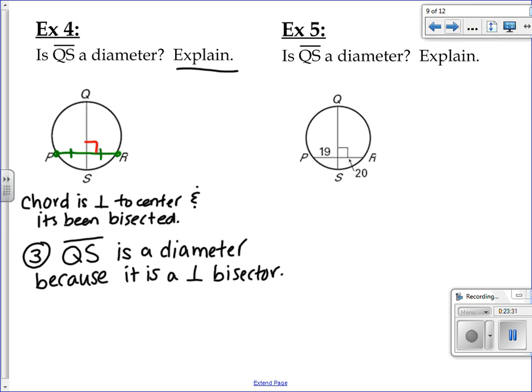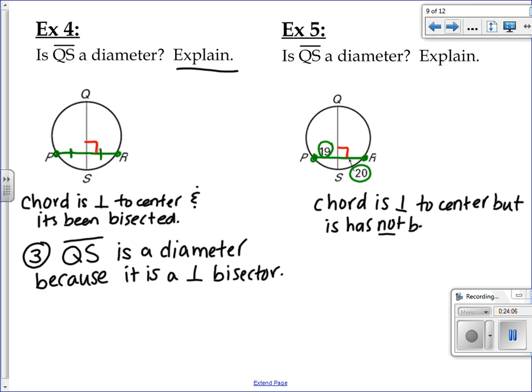Okay, so example 5 is kind of the same idea. Is QS a diameter? And again, we're going to explain. So let's analyze what we have here. I have a chord. It is perpendicular to the center. But you'll notice one half of the chord is 19, one half of the chord is 20. So my chord is perpendicular to the center, but it has not been bisected.